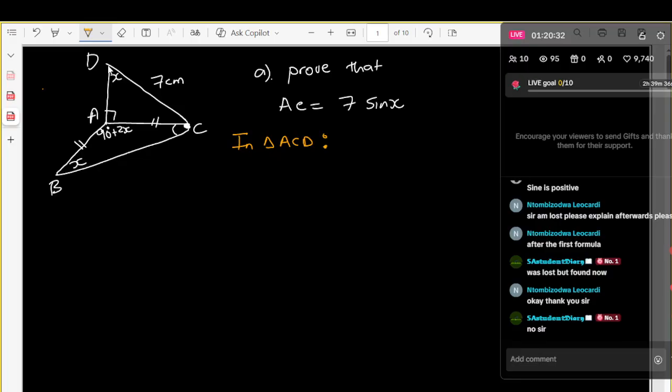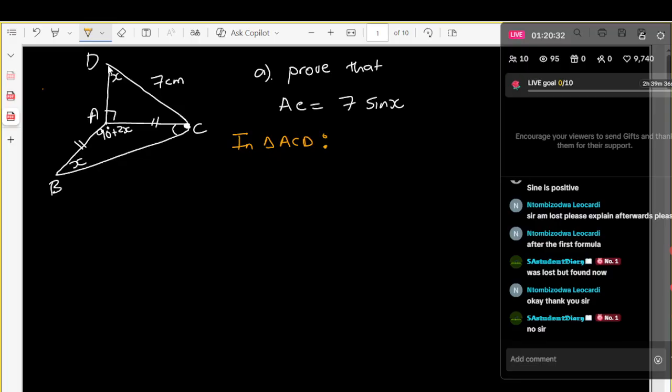So if I'm looking for AC, I need to use opposite and what? And hypotenuse. It's opposite, so my AC this time is opposite. Please don't say your AC is adjacent, because AC is opposite to angle x.